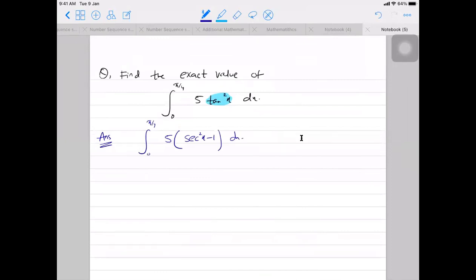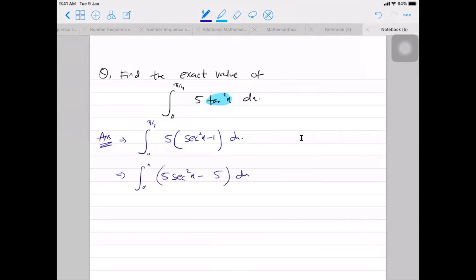Then what? You integrate secant square x minus 1. First of all, you multiply 5 with secant square x, then 5.